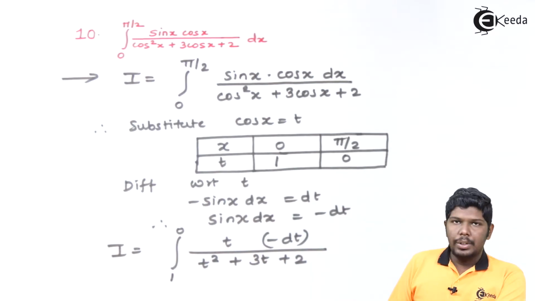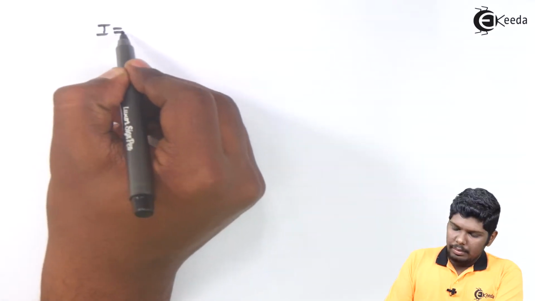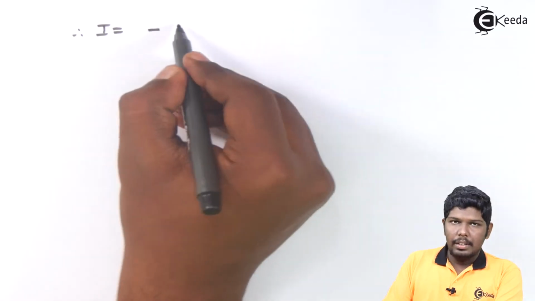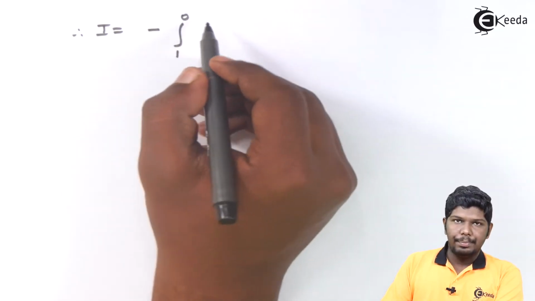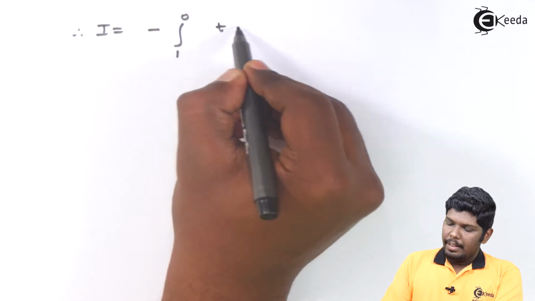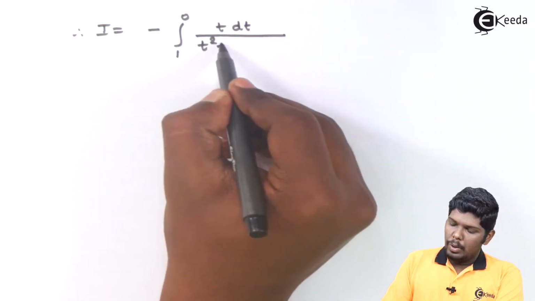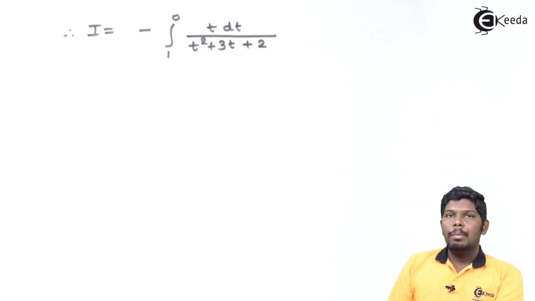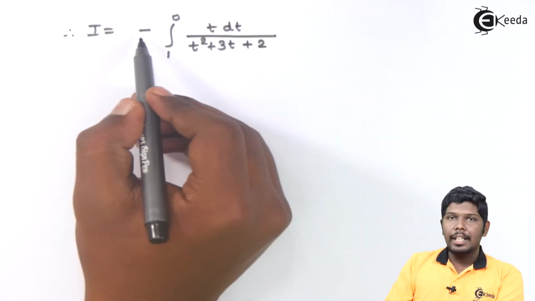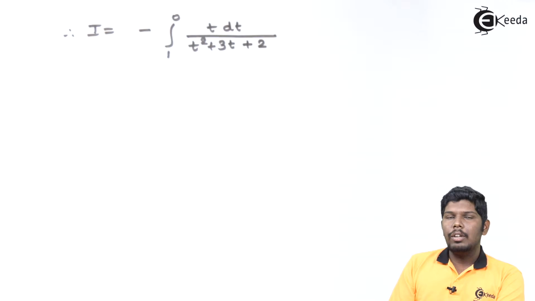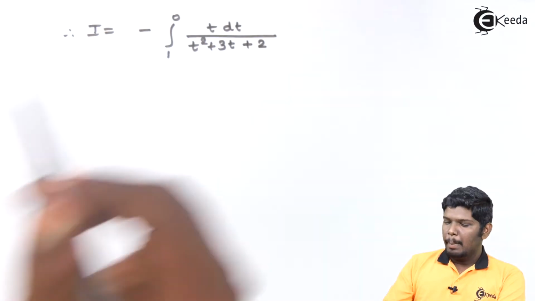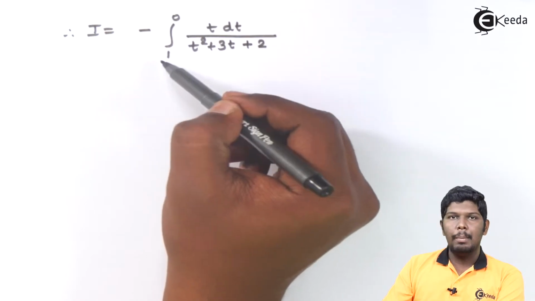Taking this minus sign outside, we have minus integral 1 to 0 t dt upon t square plus 3t plus 2. Now remember friends, whenever you have a minus sign outside the integral or a negative sign which is present in the integral, you can eliminate that minus sign by directly replacing these limits.